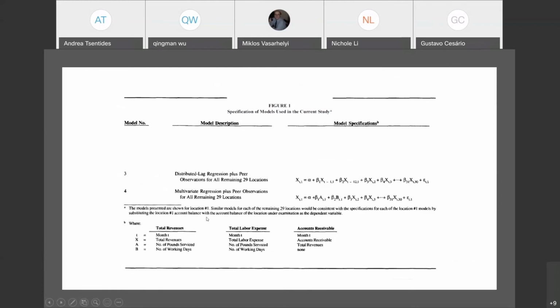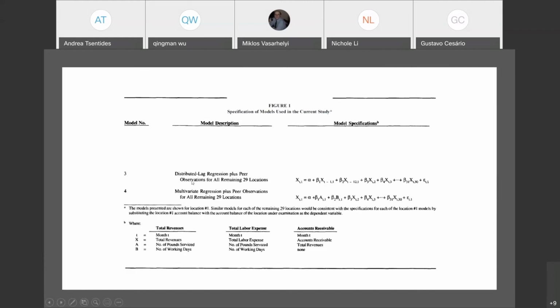So they did exactly the same thing as before, but now they incorporated into their model peer observations, as they call them, from the remaining 29 locations. So we have 30 locations, and for each one of the locations, we add information from the other 29 locations.